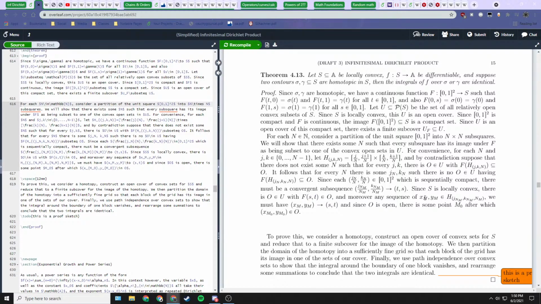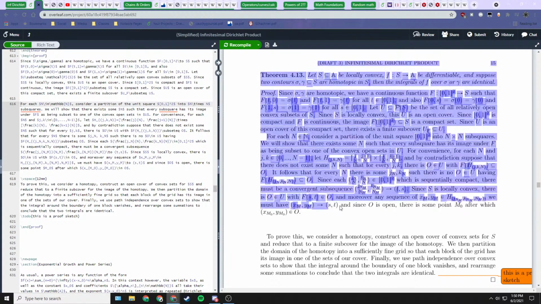Any sequence of x_m and y_m which are in these squares will have this limit: (x_m, y_m) goes to (s, t).